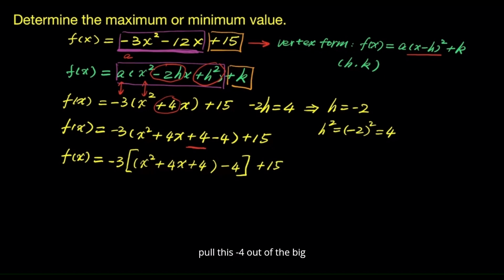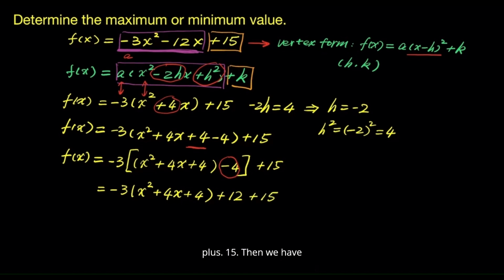Now I can pull this negative 4 out of the big bracket by multiplying it by negative 3. So we have negative 3 multiplied by this trinomial x squared plus 4x plus 4, then negative 3 times negative 4 is positive 12, then plus 15. Then we have negative 3 multiplied by this perfect square trinomial.